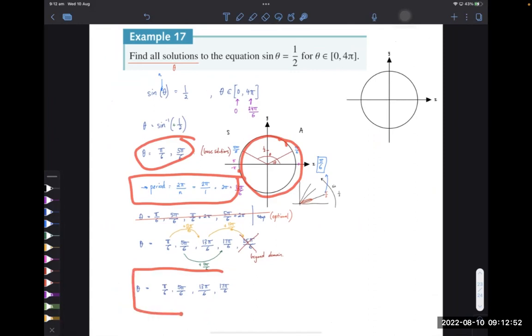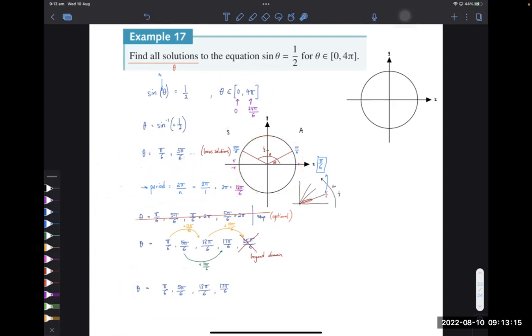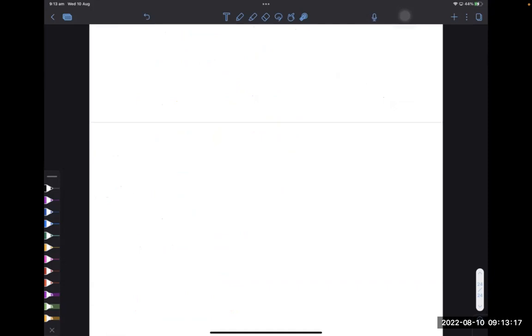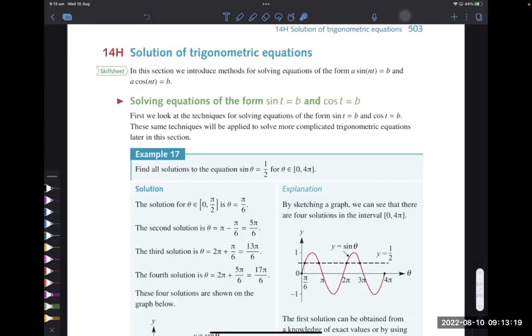And then add or subtract until you get to your final answer. Step 1, find your base solutions. Step 2, find your period. Add the period or subtract the period until you get to your domain. You can write those steps down when you listen to the recording again, which I hope you do.